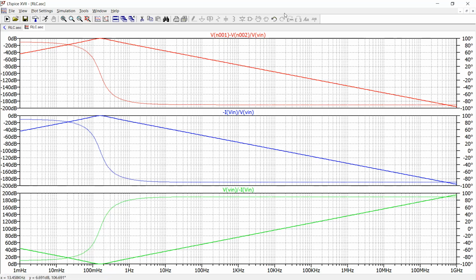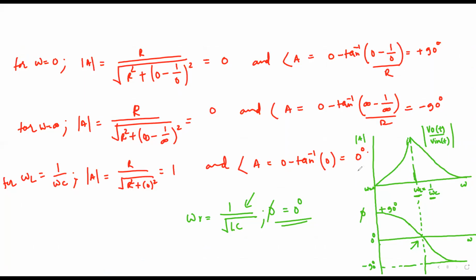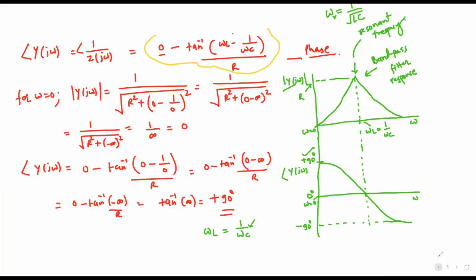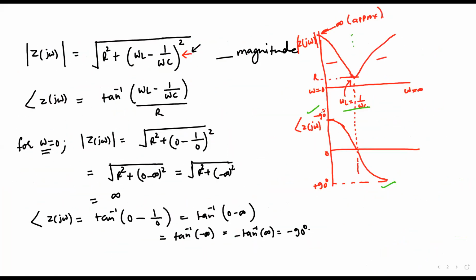Let us verify that against the theory, whether what we said is matching or not. So we can come back to the plot of impedance here. We see that the impedance plot for the magnitude looks like what we simulated, and the phase is from -90 to +90. So yes, it's matching with what we computed.